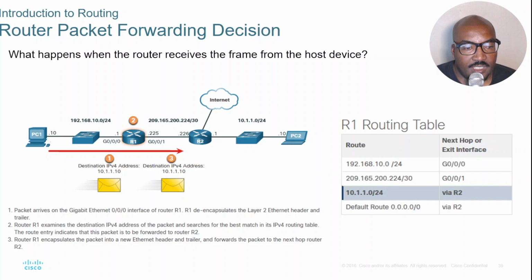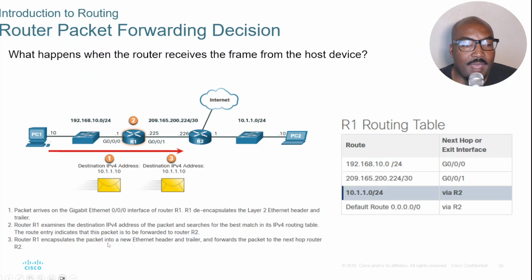I need to see what this is. And the packet searches for the best match in the IP version 4 routing table. So it's going to go to that routing table and take a look to see where that needs to go. The route entry indicates that this packet is to be forwarded to router number 2.